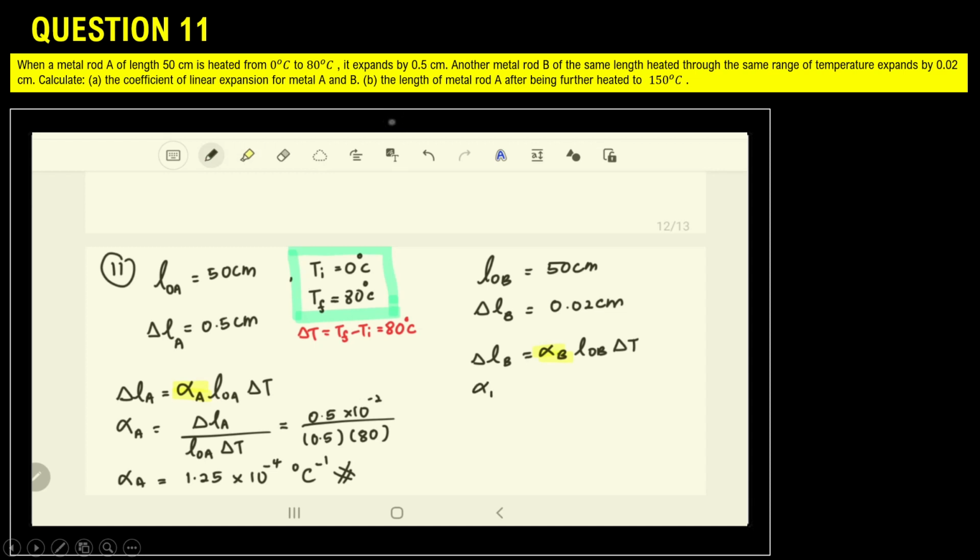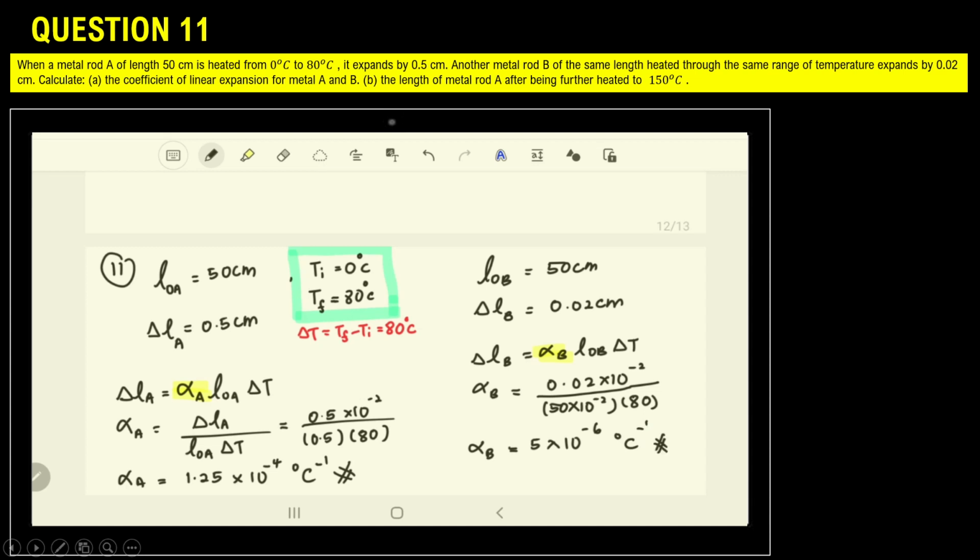Okay, so alpha B is equal to delta L B, which is 0.02 times 10 power of negative 2 meter, over L naught B is 0.5, or 50 times 10 power of negative 2 meter, and delta T is the same as metal A. Okay, and alpha B is equal to 5 times 10 power of negative 6 per degree Celsius.